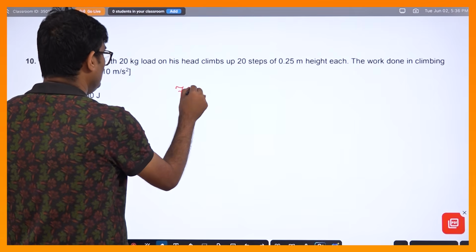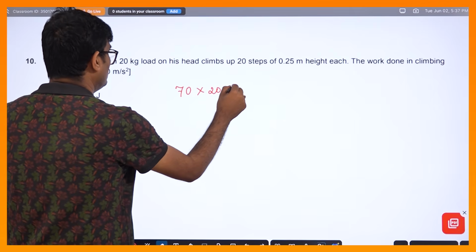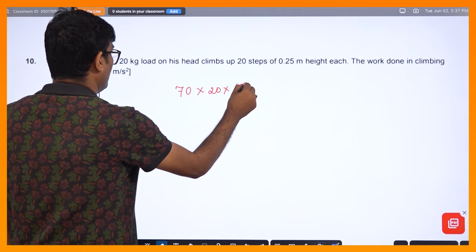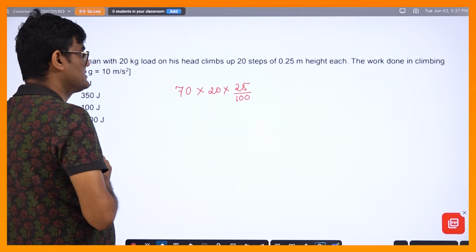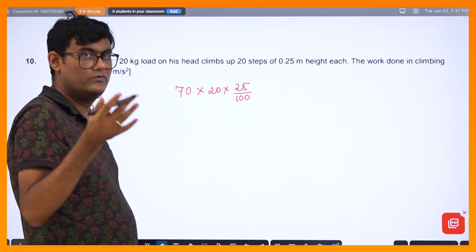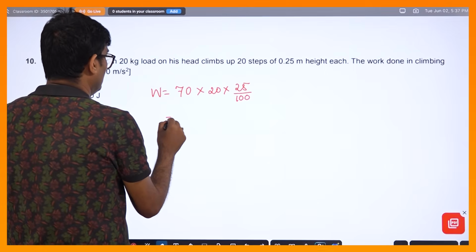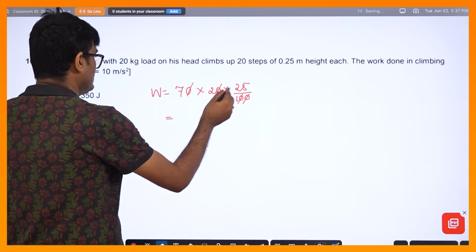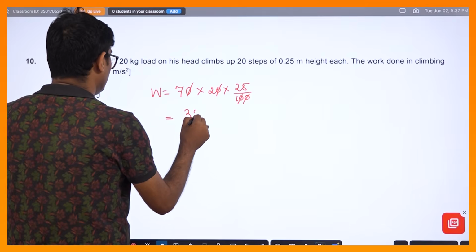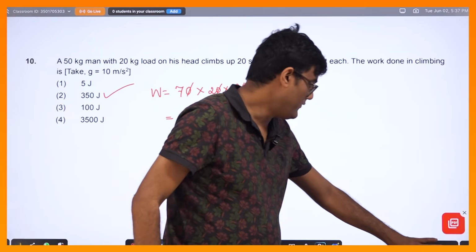So this is mg into 20 steps, which means 20 into 0.25, right? This much he has moved up. So the work done is equal to this, and I think 350 joule is the answer for this question. Very straightforward question.